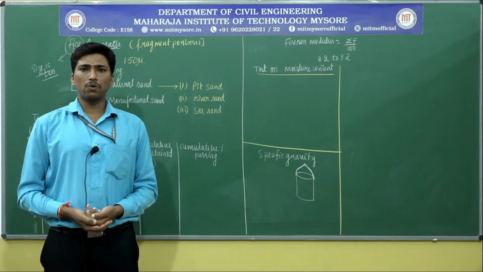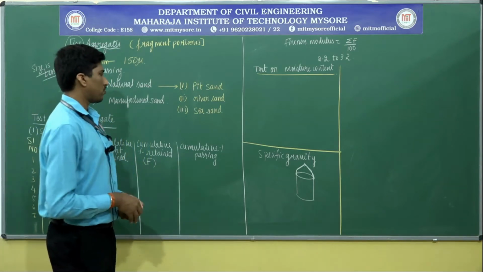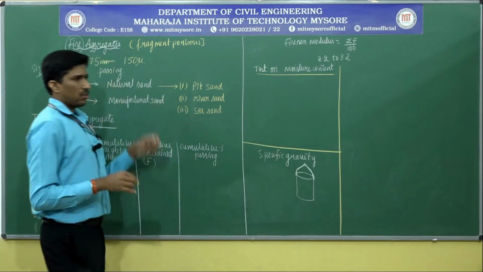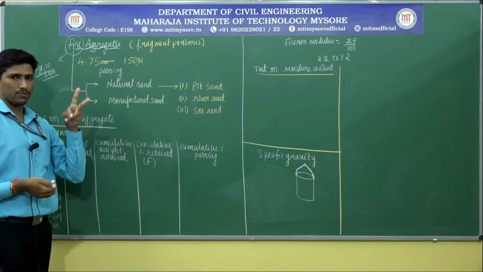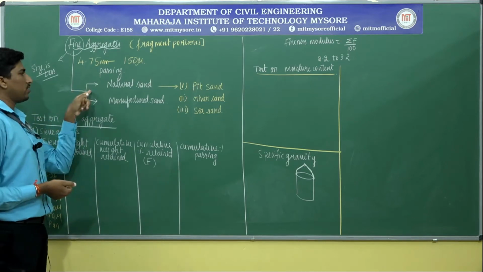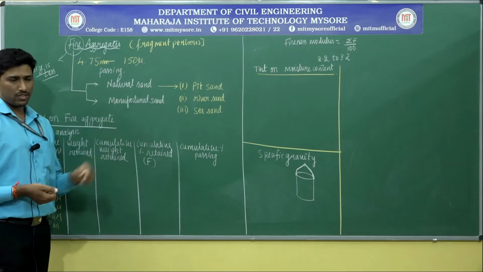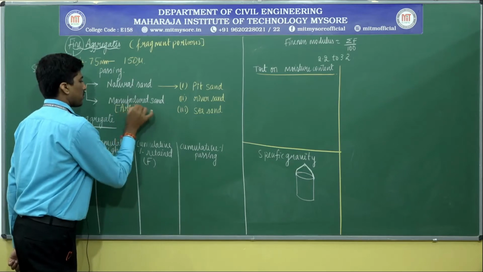That disintegration product is certainly used for a variety of construction purposes. Let us understand the natural sand. Here, mainly the fine aggregate is used in two forms: either natural sand or manufactured sand, which is prepared in an artificial manner.